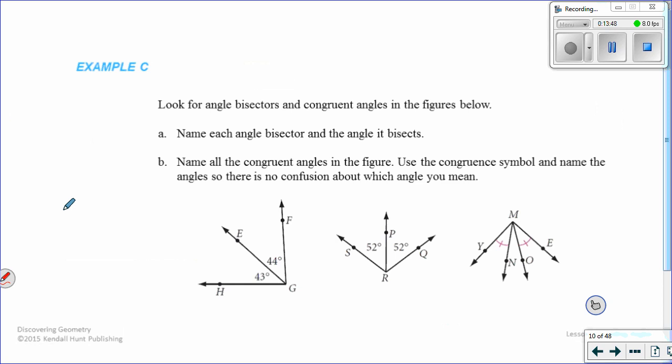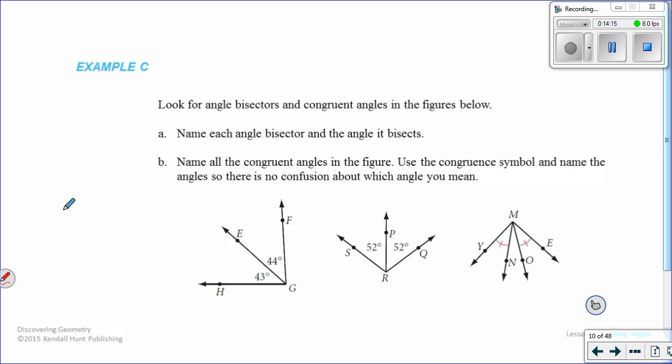All right, so let's do at least a little bit of this. Let's name each angle bisector and the angle that it bisects. So if I look at this first one, is this ray right here a bisector? If I look at these two angles, if that's a bisector, then those should be congruent. But I have 43 and 44. Those are not congruent. So that is not an angle bisector. Now I can see with the second one, 52 and 52, it cuts it into two equal pieces.